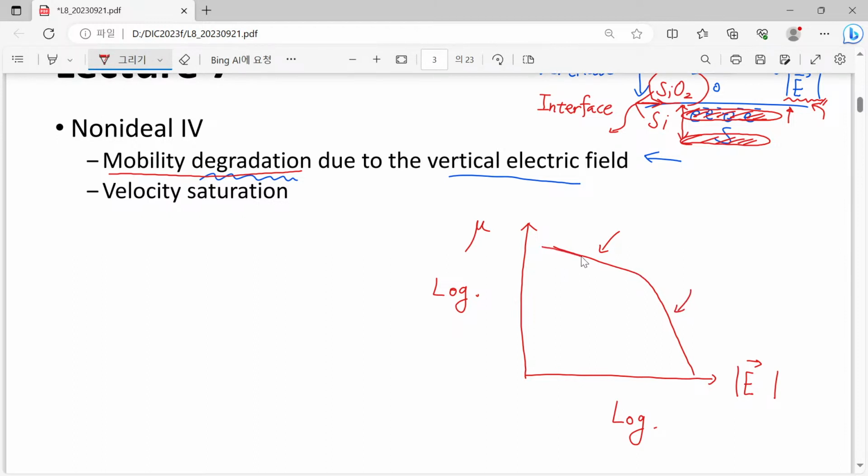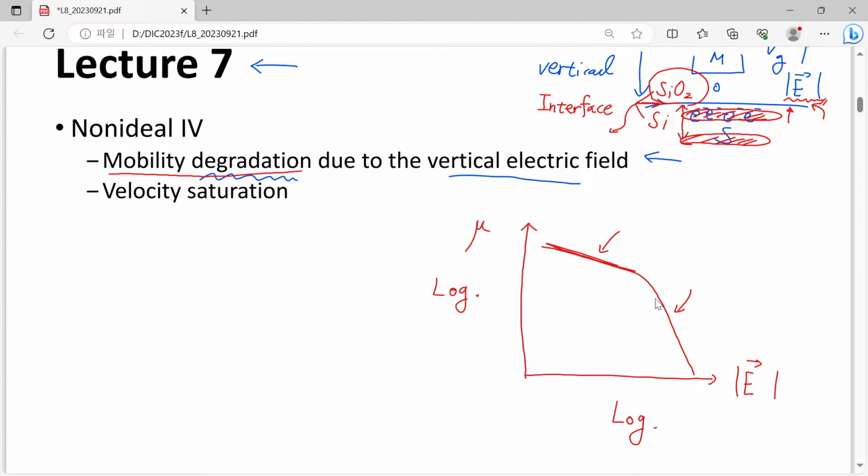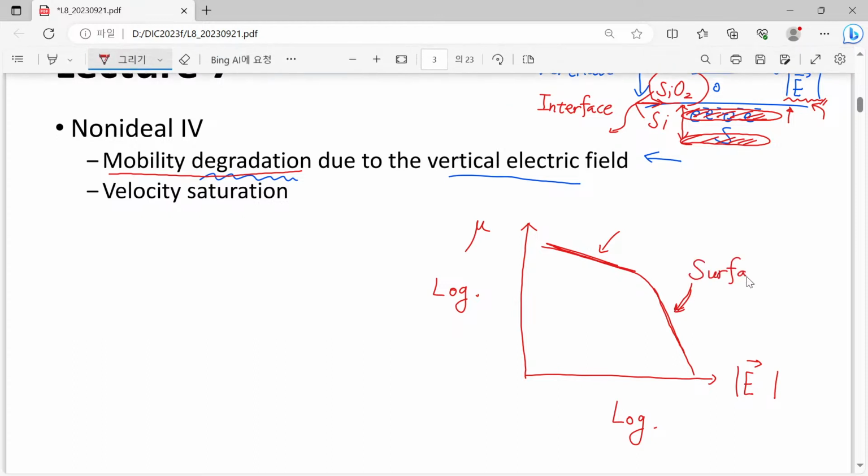Here a relatively moderate transition, and here a quite steep transition. The mechanism I have explained up to now, due to the vertical field, is sometimes called surface roughness, and that behavior is attributed to the surface roughness.